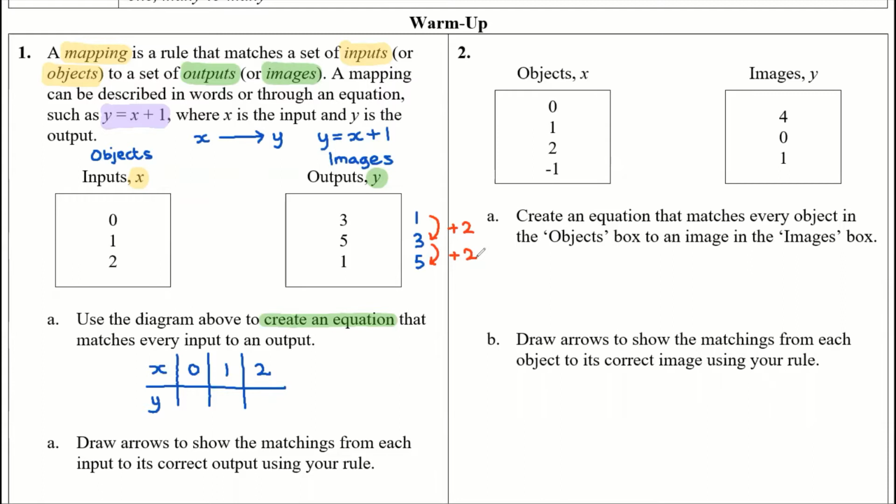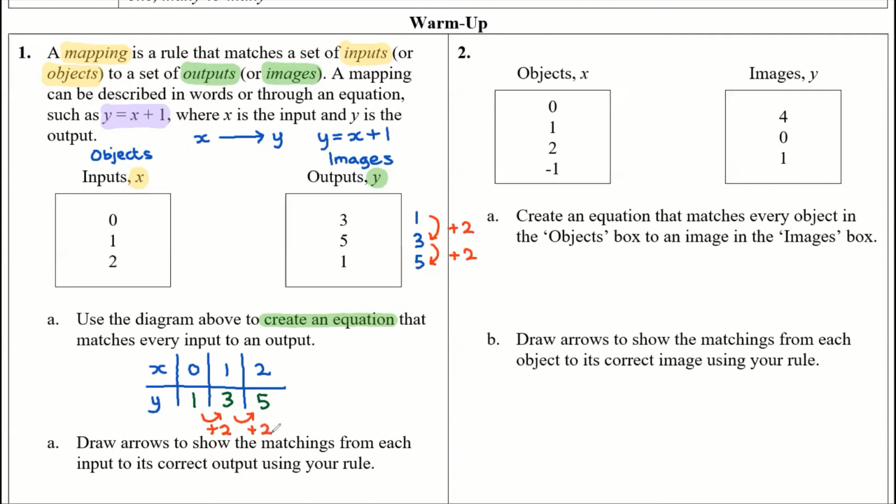If I assume that 0 maps to the y value 1, and that 1 maps to 3, and that 2 maps to 5, and we know they're increasing by 2 each time, what is the rule connecting them? This is increasing by 2, and so is this. Well, it's going to be 2x, isn't it? And then there's going to be some kind of adjustment to be made.